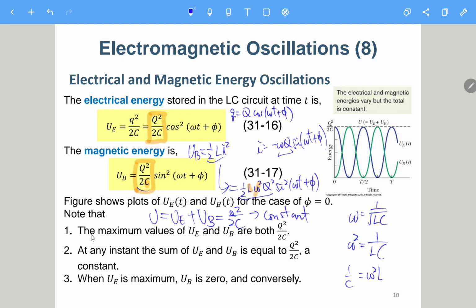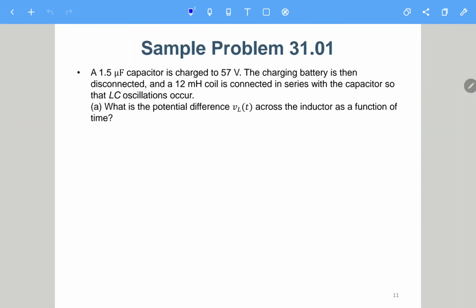So the maximum values of UE and UB are both Q squared over 2C. Second, at any instant, the sum of UE and UB is equal to Q squared over 2C, a constant. And third, when UE is maximum, UB is 0, and conversely.